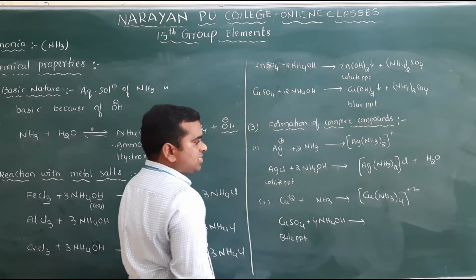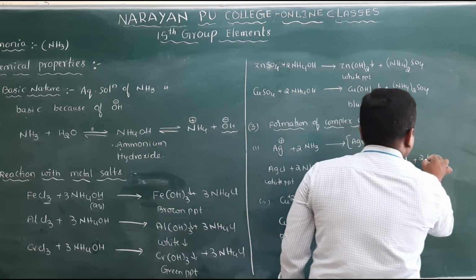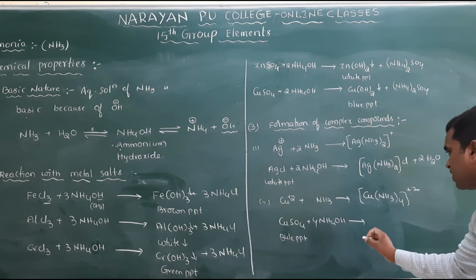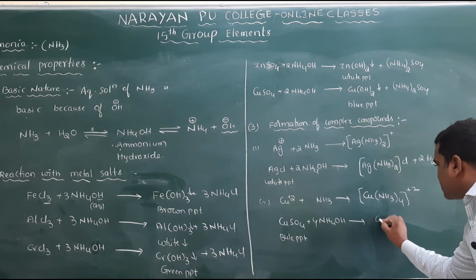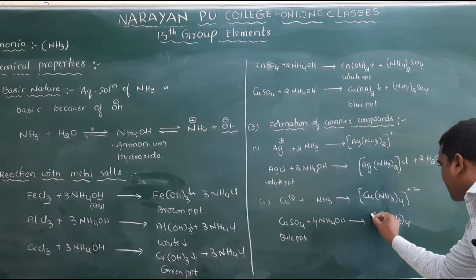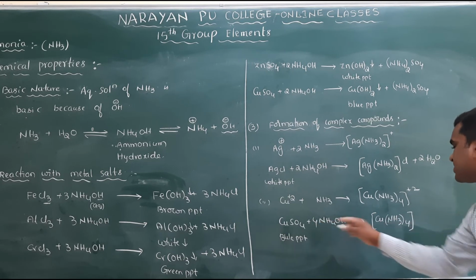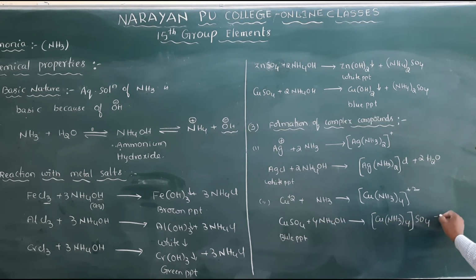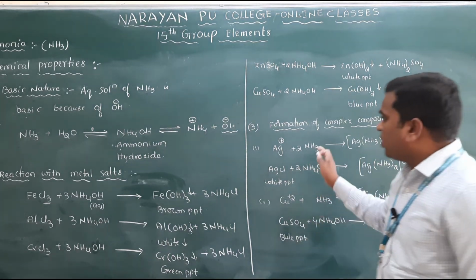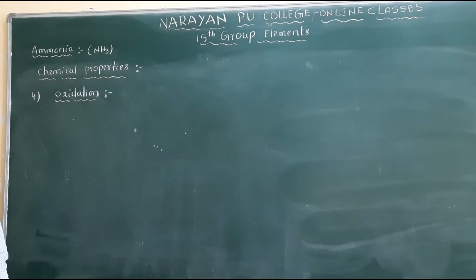Take 4 moles here, then 2 moles means 2 H2O you will get. Clear? 2 oxygens are there, so that's why you will get the compound Cu(NH3) how many times here? 4 times, and SO4 is there here, so you have to write SO4, and the 4 oxygens are there, so that's why the oxygens will be removed as water. Clear? So this is about the formation of complex compounds.